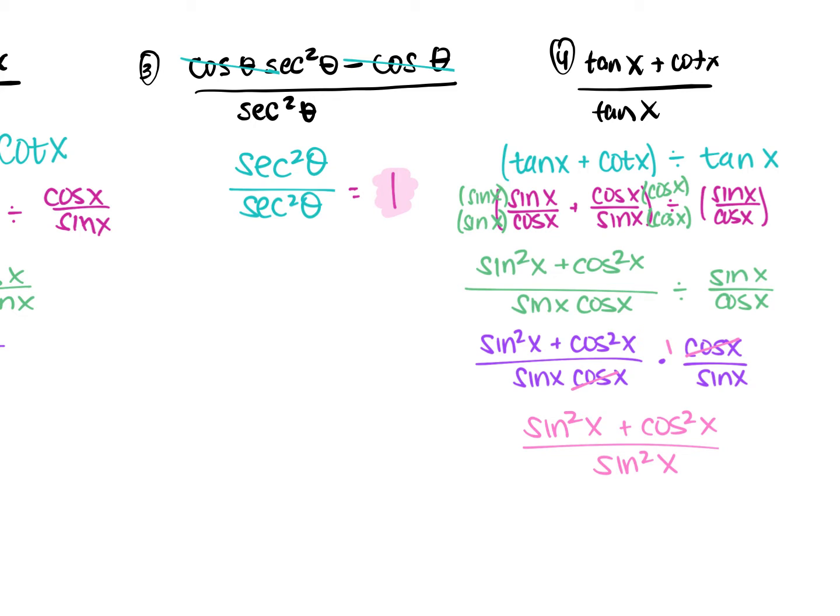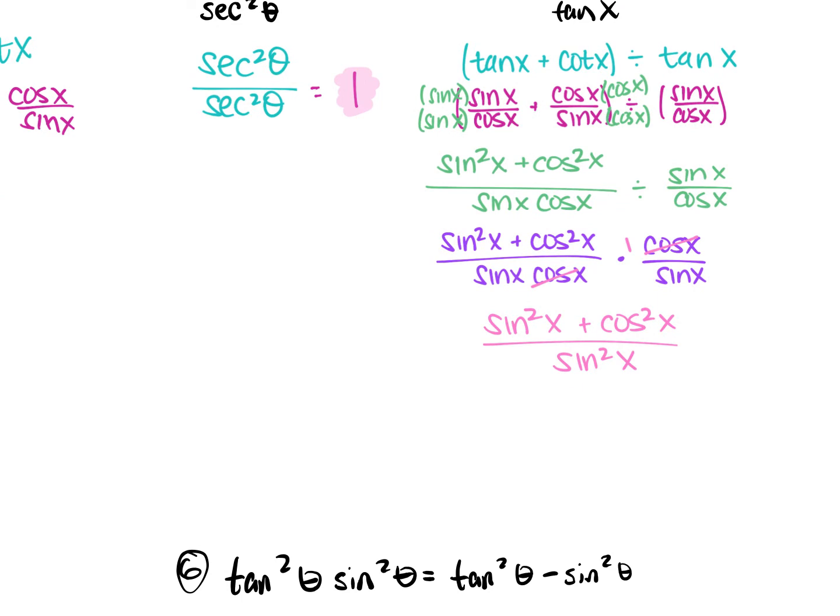Now, if you look at the Pythagorean identity part of that first table that's given to you on your formula sheet, you have something on there that cosine squared theta is equal to. Change that cosine squared theta, or cosine squared x, out to be working with just sine. If you change that cosine squared x out to be 1 minus sine squared x, that's going to leave you with sine squared x plus 1 minus sine squared x all over sine squared x.